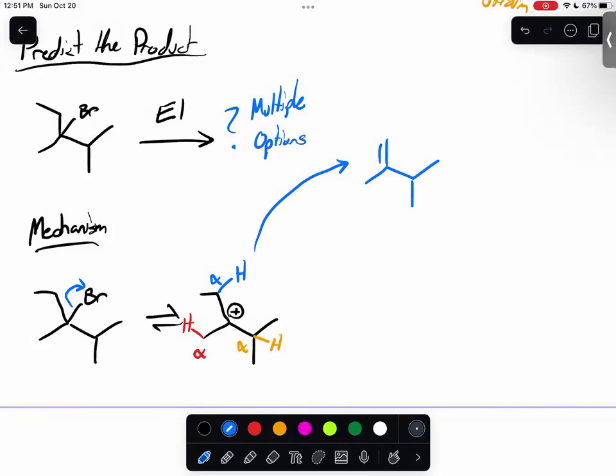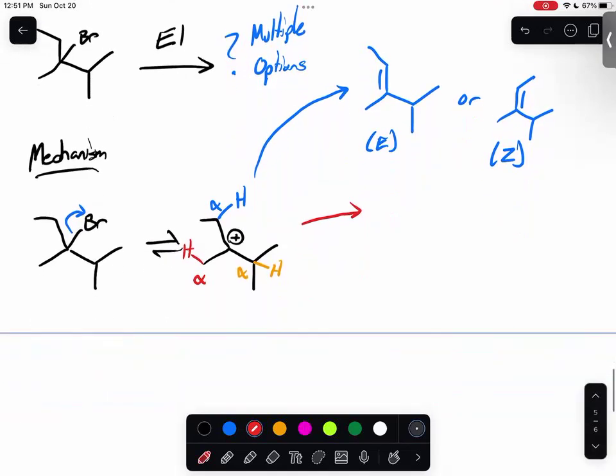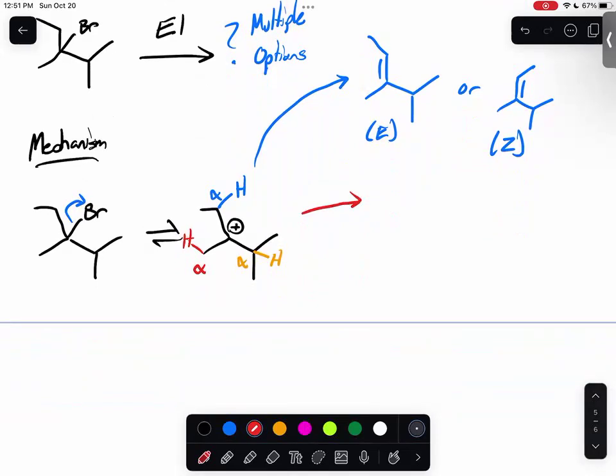We could form the E alkene here, or we could form the Z alkene. If we were to take from the red, this one only has one option, because what you end up forming is this weird looking disubstituted alkene right there. And if we take from the orange, we have a different result, where we have this tetrasubstituted alkene.